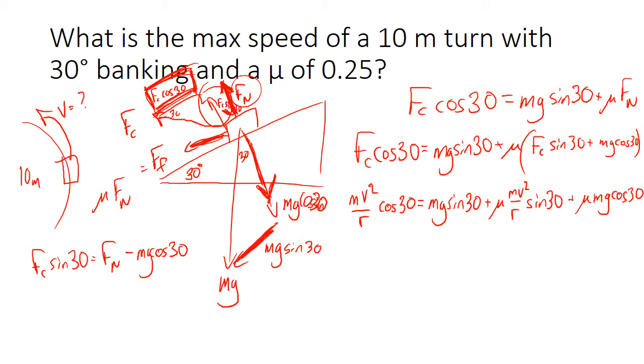Alright? Now, it looks really intimidating right now, but we know what most of these numbers are, and a lot of this stuff will just cancel out because here go all the m's. There's an m in everything. Those are all gone. And what are we looking for? We're looking for the max speed.